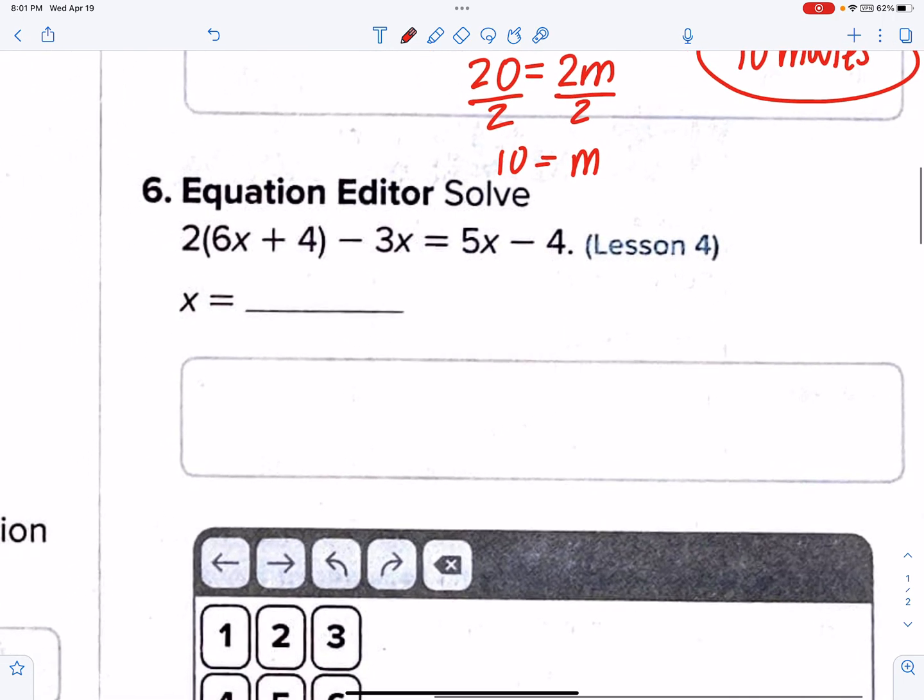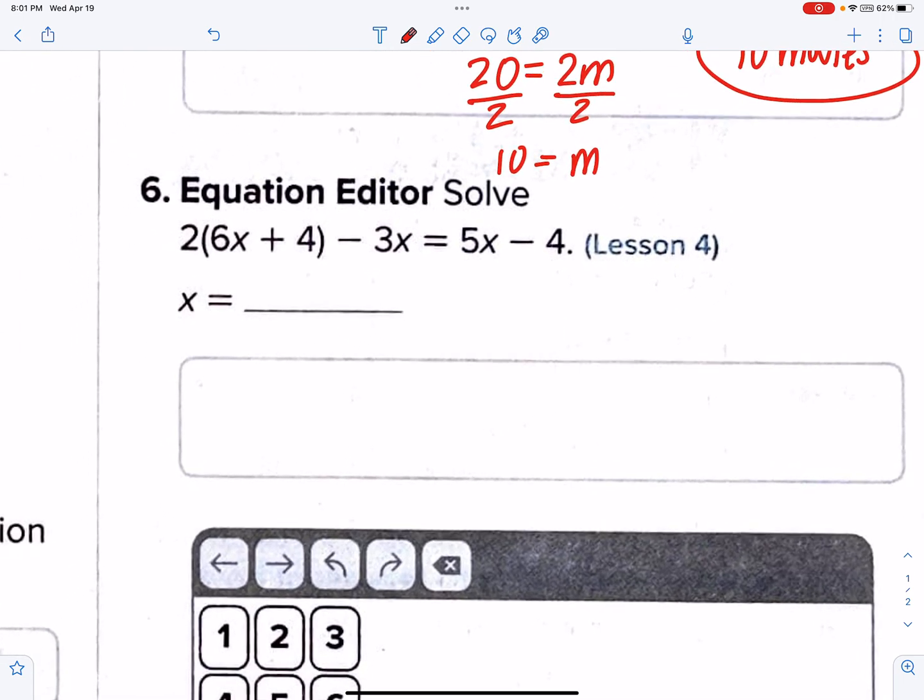We need to solve this out and figure out what x is. I see that I need to distribute first. I'm just going to move things down a little bit. So I have 12x plus 2 times 4 is 8 minus 3x equals 5x minus 4. Now that I've distributed, I can combine some like terms.